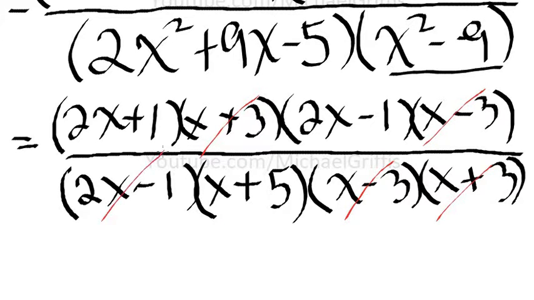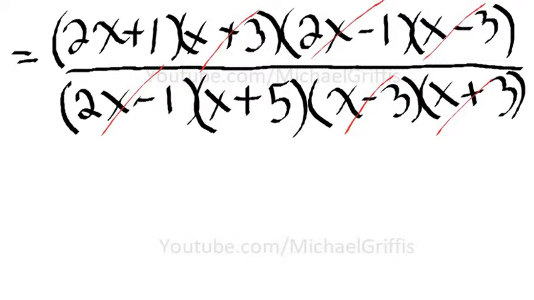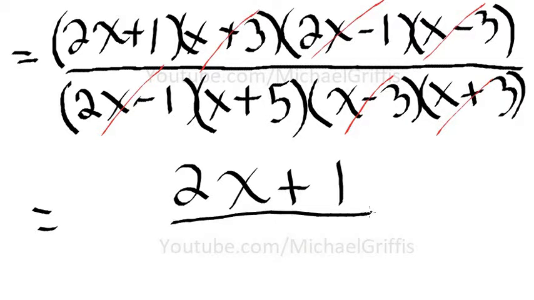We have a 2x minus 1, top and bottom. And it looks to me like that's about all we can cancel out. So this thing's going to reduce down to 2x plus 1 over x plus 5.